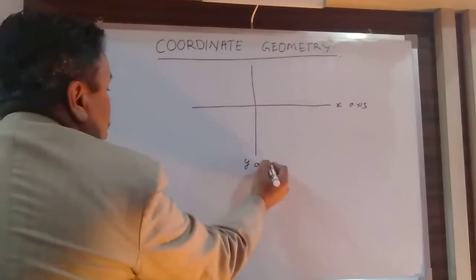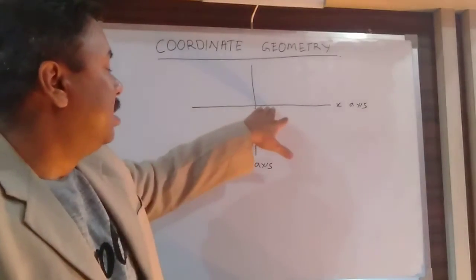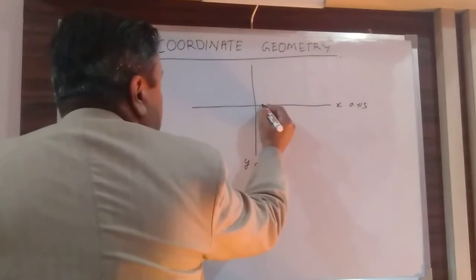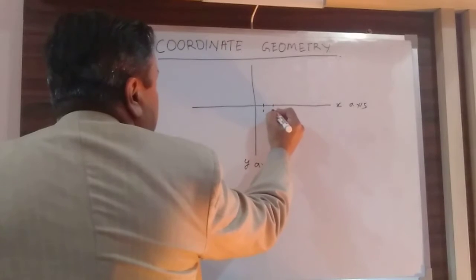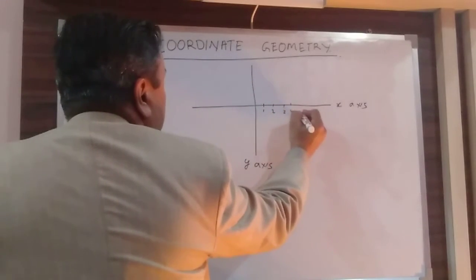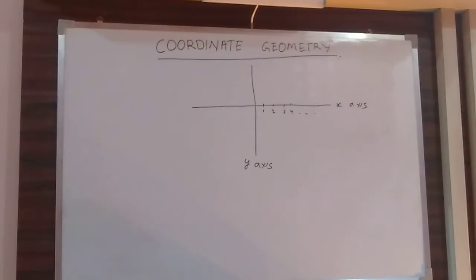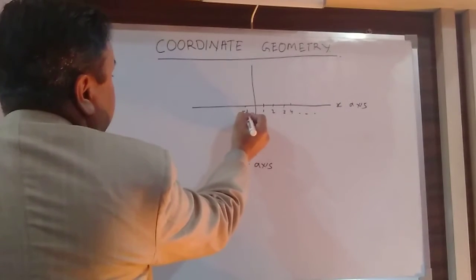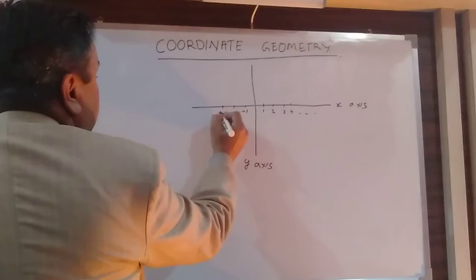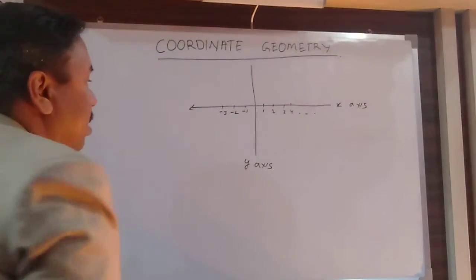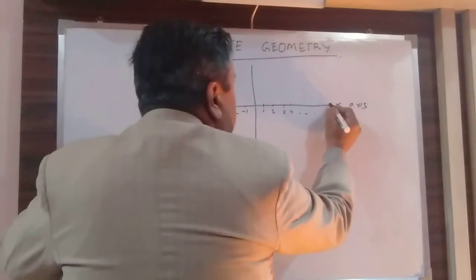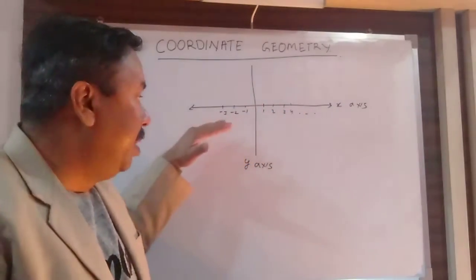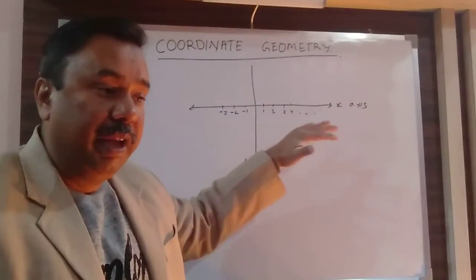For the x-axis, this is the positive side, so all the numbers on this are 1, 2, 3, 4, and it will go on. Similarly on the negative side, numbers are placed like this, as it is just a number line in a horizontal way that you have been studying from the very beginning.